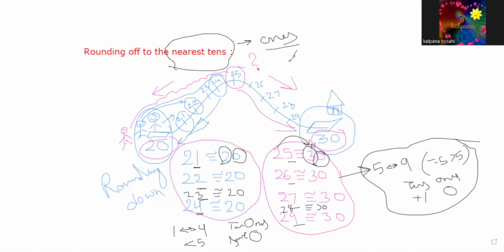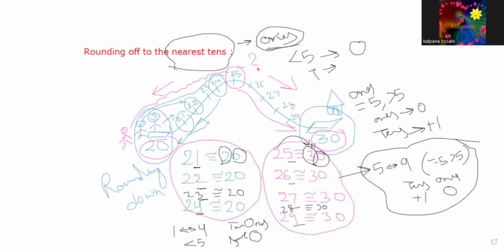When the ones place is less than 5, then you will make that ones place 0, and the tens place as well as all remaining places will be as they are. When the ones place is equal to 5 or greater than 5, then you will make the ones place 0, and the tens place you need to increase by 1, and the rest of the digits will be as they are.